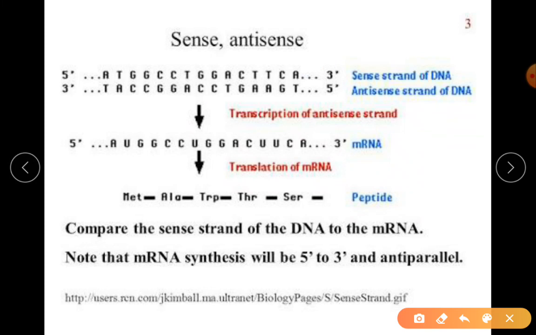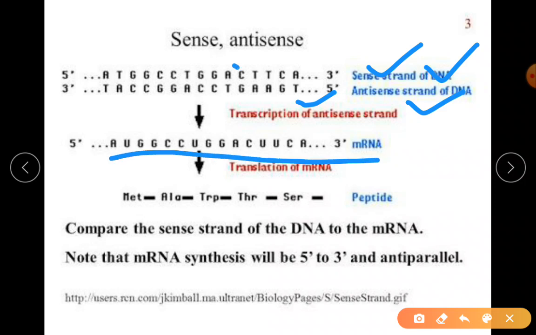As you study process, you will come to know the idea better. Okay, so now you have to just remember, sense means having the coding sequence. So we call it as coding strand. Antisense, non-coding. Why are we using non-coding? So we can prepare the mRNA which is similar to coding strand. Okay, so mRNA is a coding strand again.